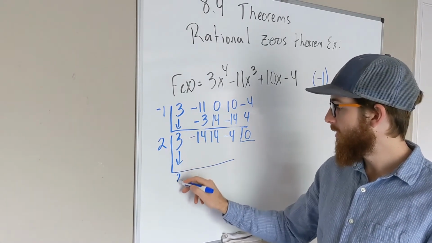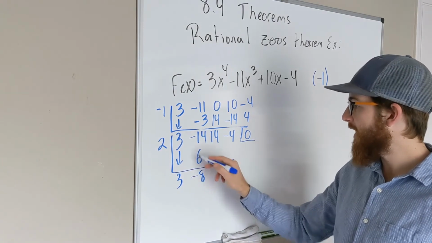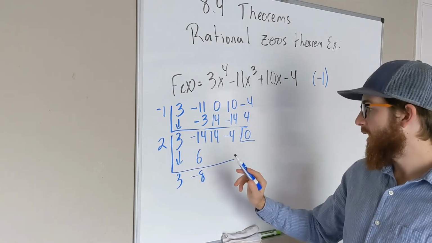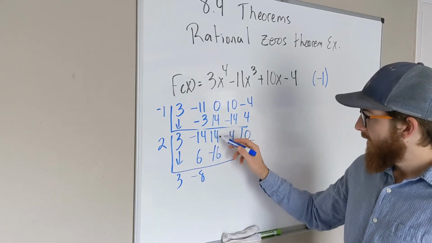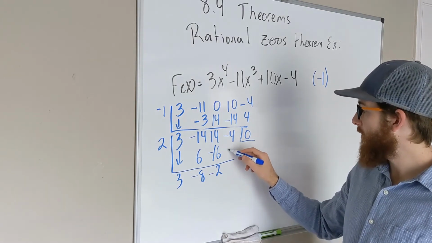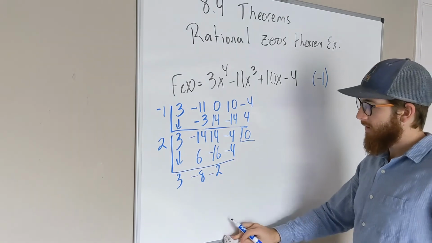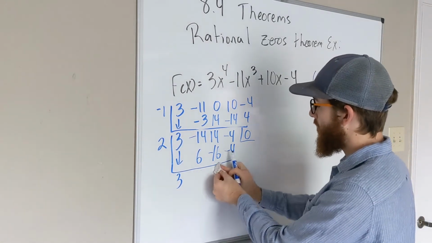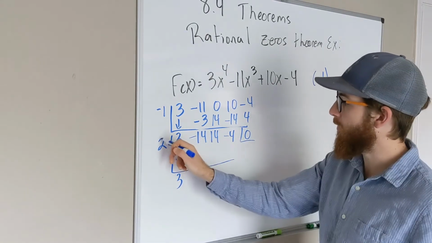So 2 times 3 is 6. That's negative 8. Negative 8 times 2 is negative 16. So that would be negative 2. 2 times negative 2 is negative 4. That gives me negative 8. So that can't be right. So let's try negative 2.